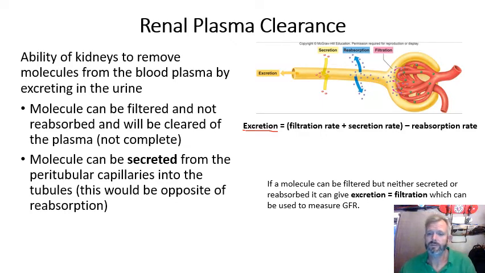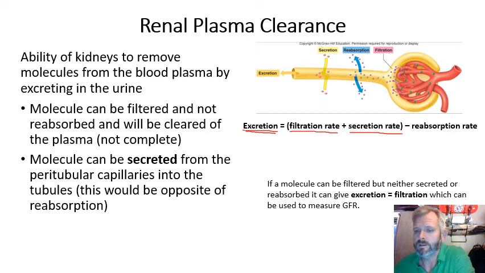We have two processes that bring materials into the tubule, into the filtrate. Right? These will cause excretion. So whatever we filter, filtration rate, and what's secreted are all going into the filtrate, and which can ultimately be excreted.